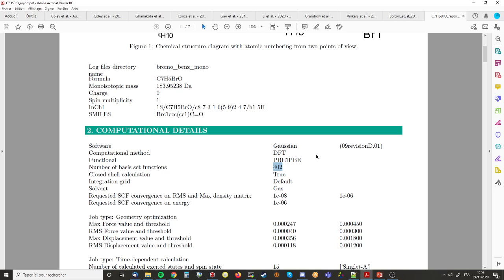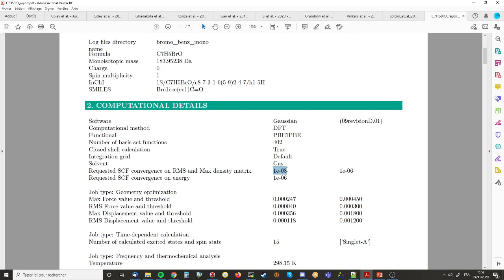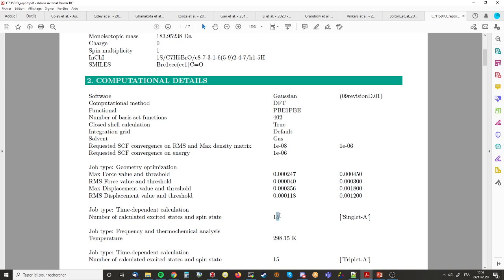In this case, the report goes further, because it will give the information of the grid size, if there is a solvent, what kind of thresholds were used for the convergence, how tight the convergence managed to get, how many excited states and what kind of excited states were computed.